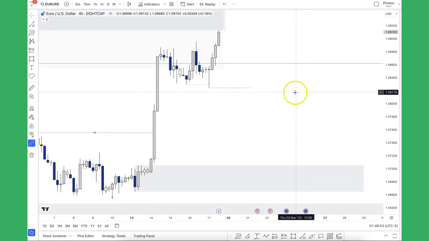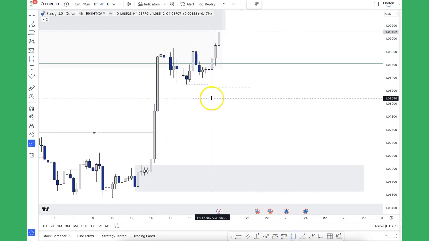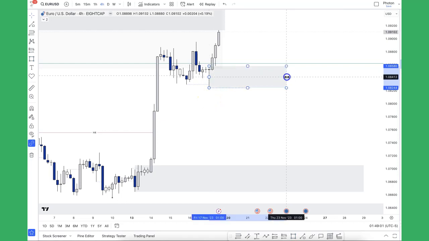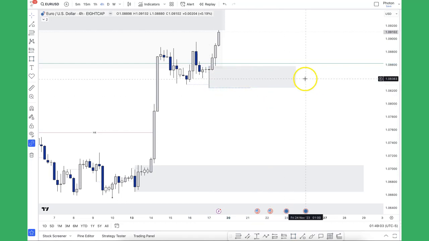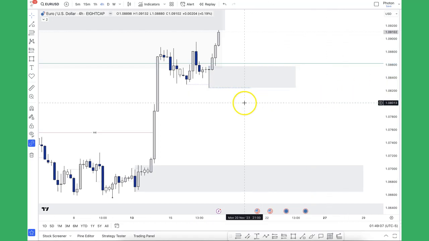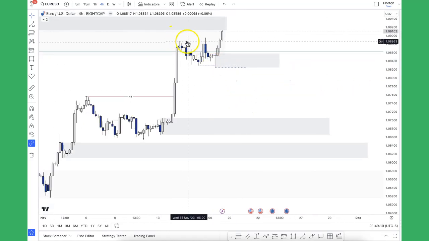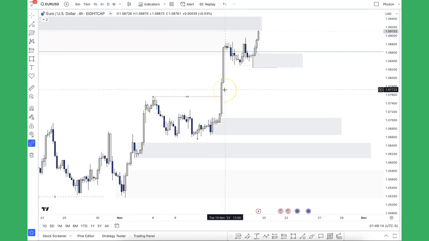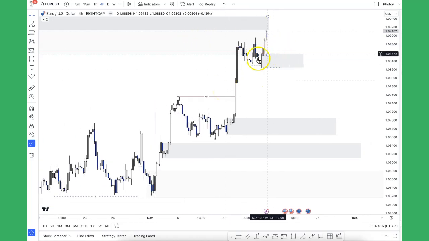We can also look at this candle as another H4 zone. Why? Because it's led to a break of these highs that were there. Price was kind of stuck in a range for a bit, and now it's going up.